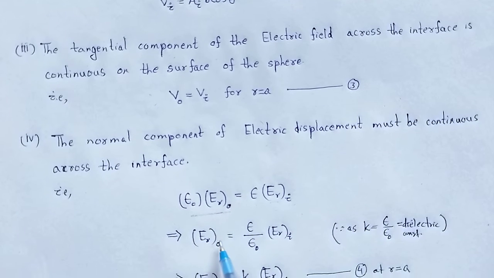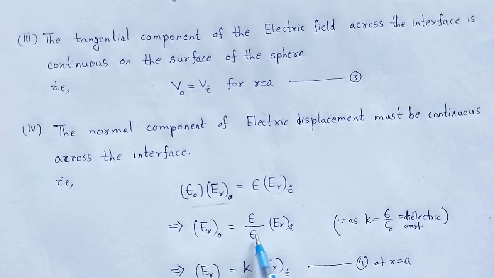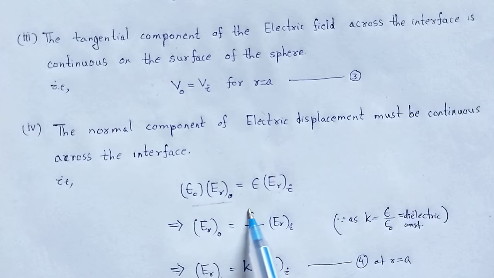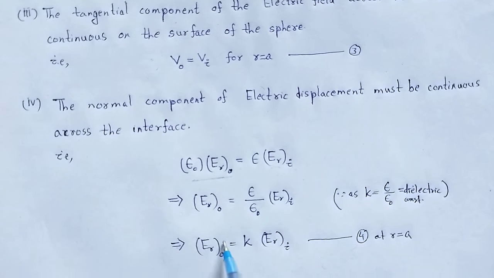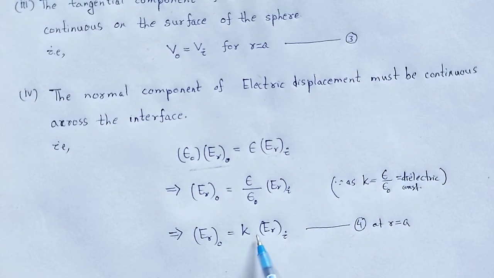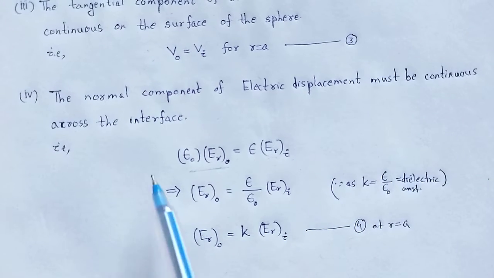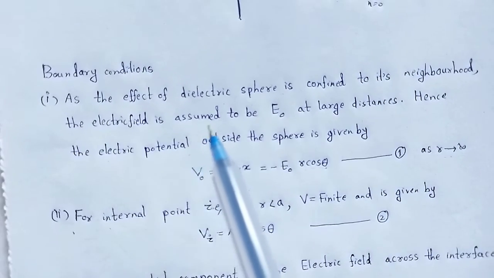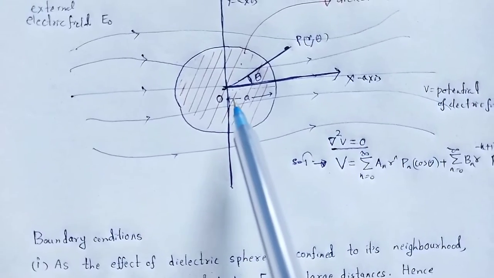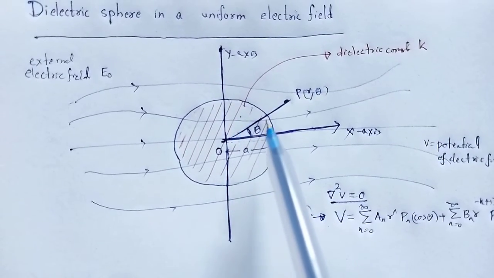Then E r outside is equal to epsilon divided by epsilon naught, the permittivity of medium to the permittivity of free space. This is nothing but K, the dielectric constant of the material of which the sphere is made. E r outside is equal to K times E r inside. These are the four possible boundary conditions related to the dielectric sphere in a uniform electric field.